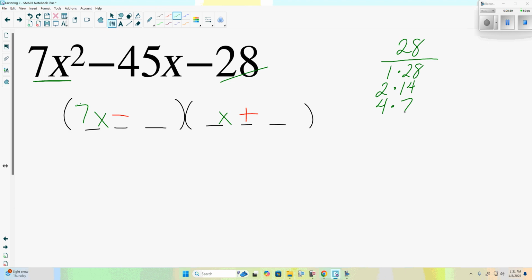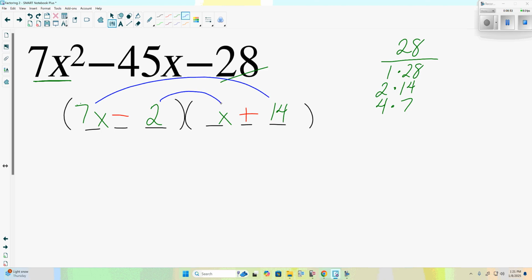Which one of these do we want to try first? So 2 and 14. Which one do we want to put first? 2, 14, and we can check this here.